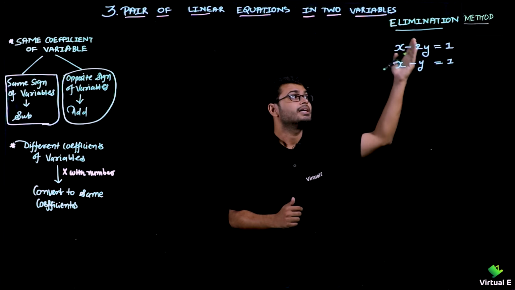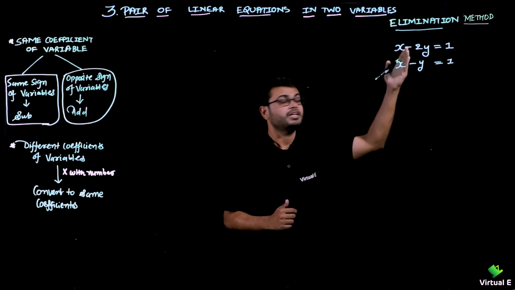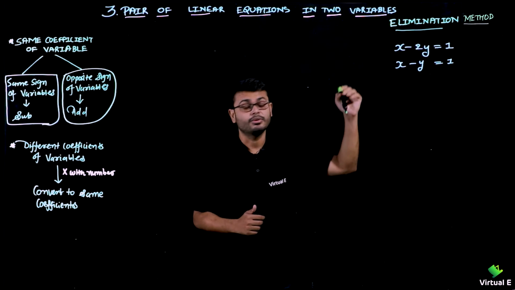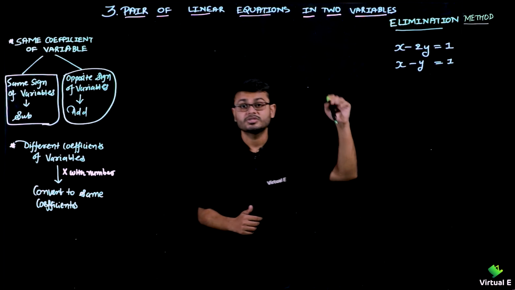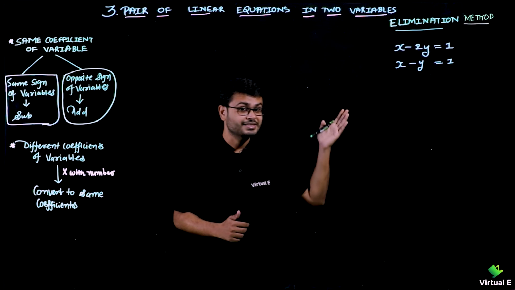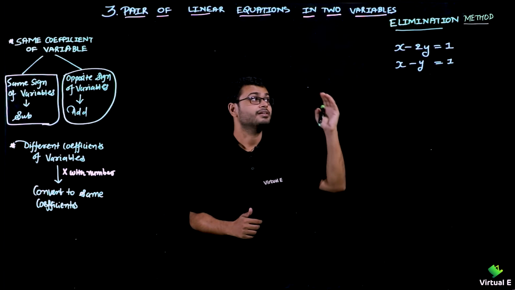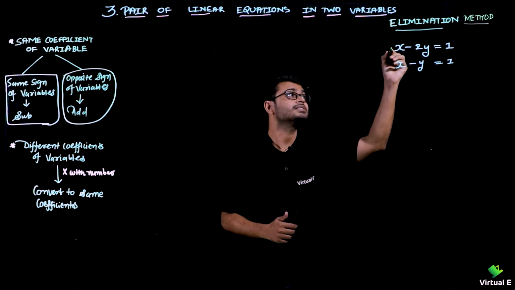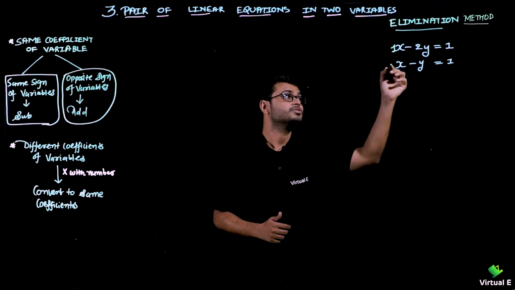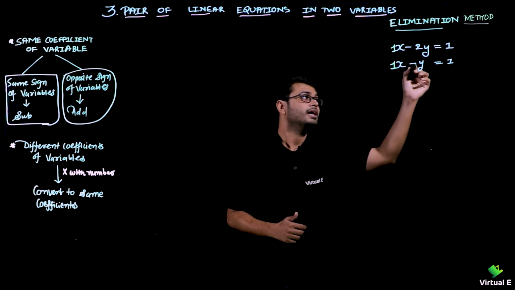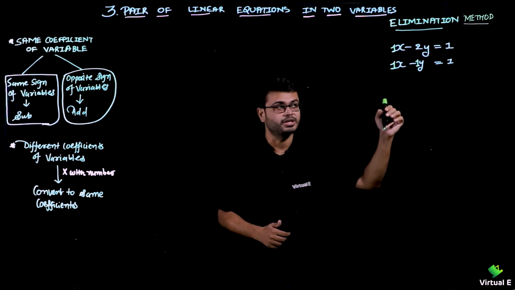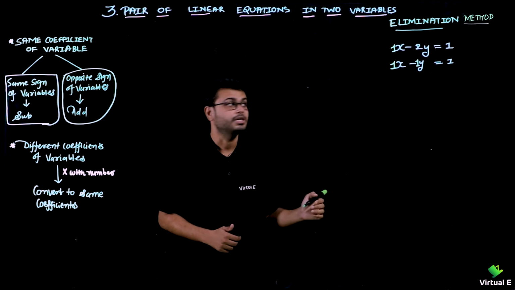So I can say that the coefficient of y is minus 2, but you can see in this one, x has nothing written, no number is written before x. So what's the coefficient? Guess. I think you must have learned this in grade 8 and 9, right? So we will take the coefficient as 1, and so over here 1, and here also 1, but in this case it will be minus 1, and here it is positive 1.